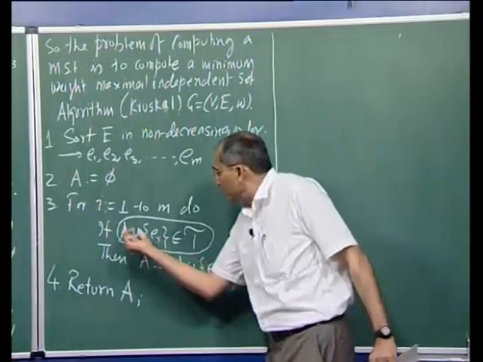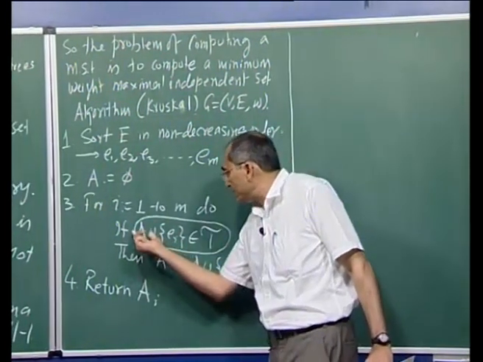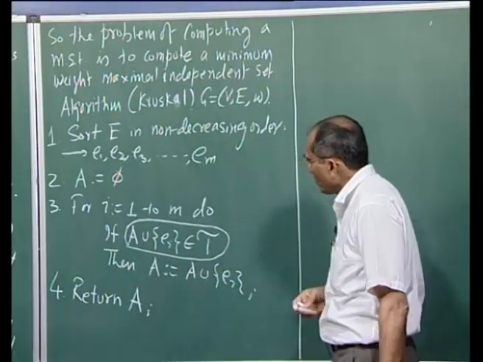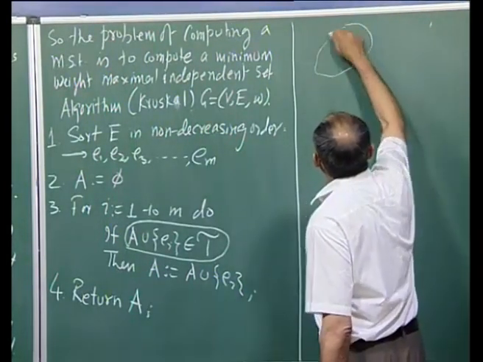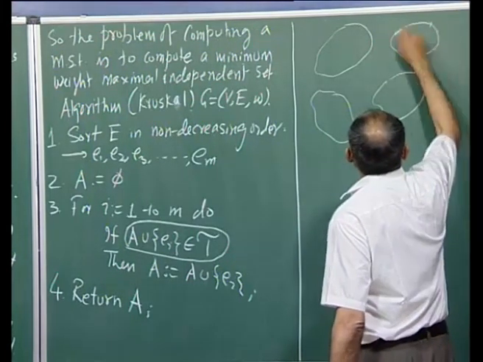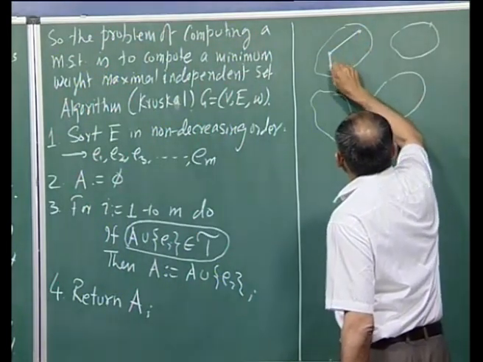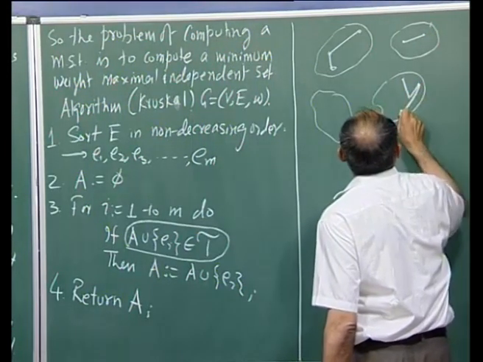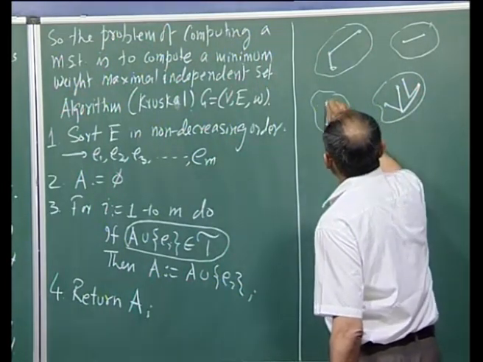If you notice, the current A itself is a member of T, so this is an edge set which does not form a cycle in the graph currently. So A may look like this.